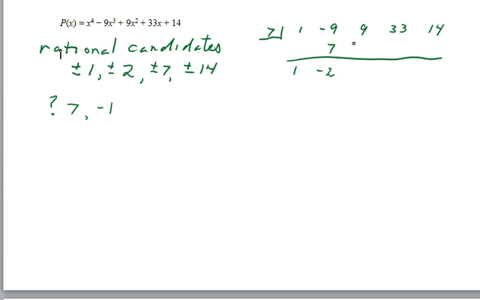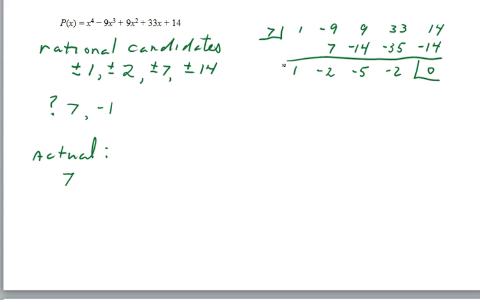Negative 2 times 7 is negative 14, add 9 is negative 5. Times 7 is negative 35, add 33 is negative 2, times 7 is negative 14, and we do get the remainder is 0. So our actual real zeros do include the number 7.